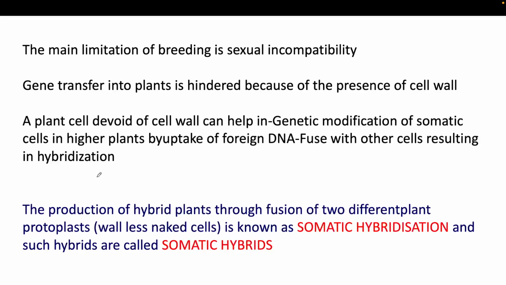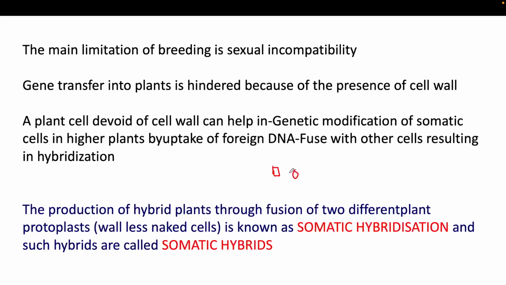Another limitation in producing different types of plants is gene transfer into the plant, because of the presence of the cell wall. As you all know, this is a plant cell and this is an animal cell. Both belong to eukaryotic cells, right? But there are certain differences.